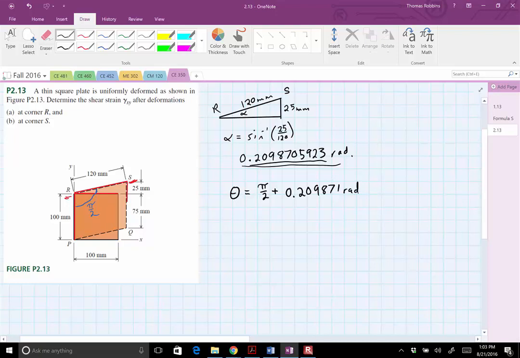Now we can go and use the formula on page 40 of your textbook. I recommend you read it. The formula for the strain is gamma xy equals pi over 2 minus theta prime. It's theta or theta prime. So solving this algebraically, theta equals pi over 2 minus gamma xy.